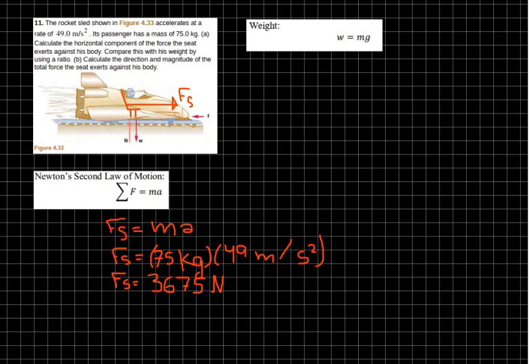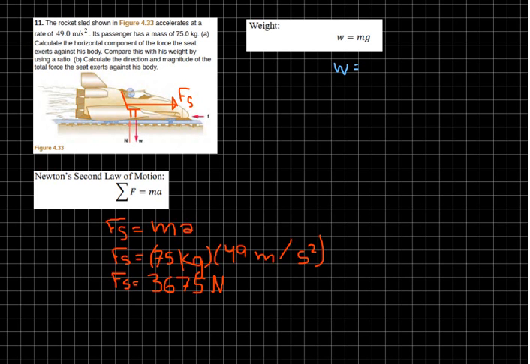Now, part A says compare this with his weight by using a ratio. So for that, we have to calculate the weight of that passenger. And that's very easy. The formula of the weight is mass times gravity.